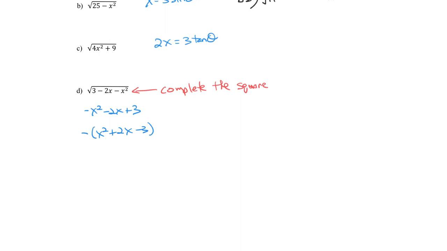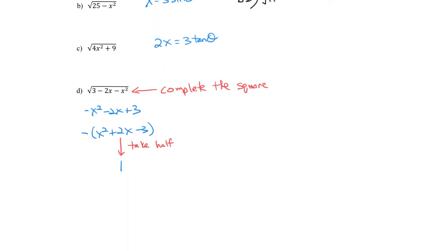And now when you complete the square, what you do is once you have a coefficient of 1 in front of the x squared, you look at this, and this thing, you take half of it. So whatever that is, you take half. Right, so I take half of it, and it becomes a 1.